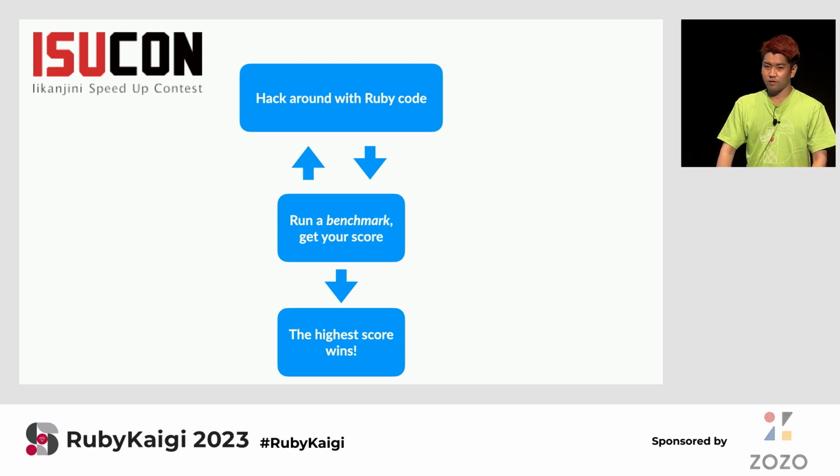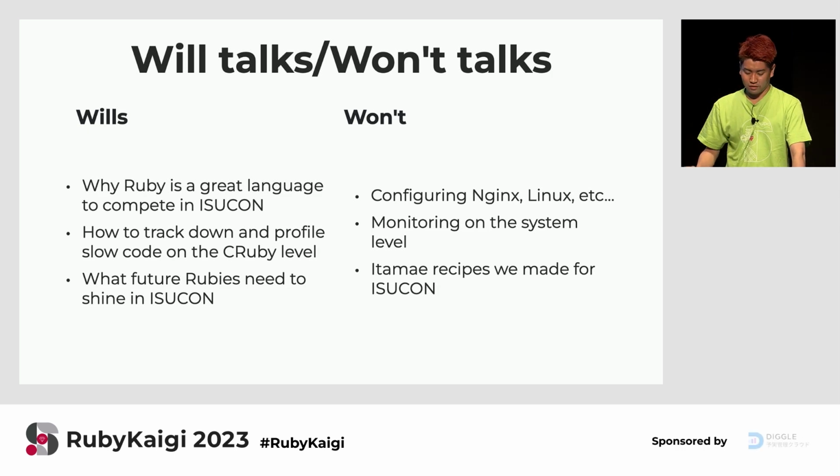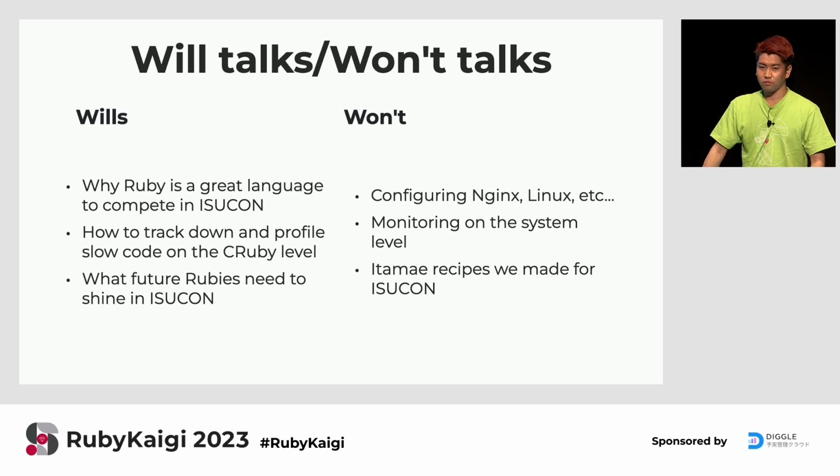While there are many possible things to improve our score, today I'm going to talk about why Ruby is a great language to compete in ISUCON, not Python, not Node.js, but why Ruby, and how to track down and profile slow code on the CRuby level, and what future Rubies need to shine in future ISUCONs, if there are any.